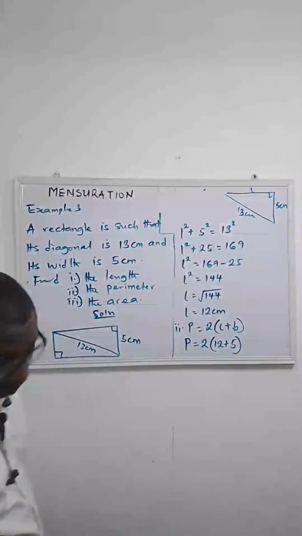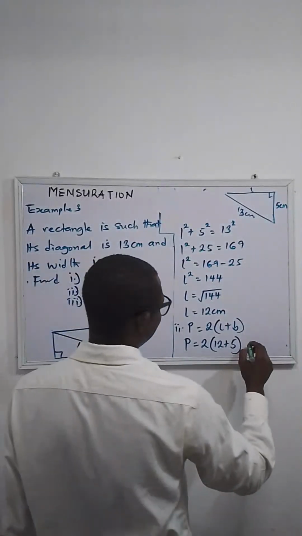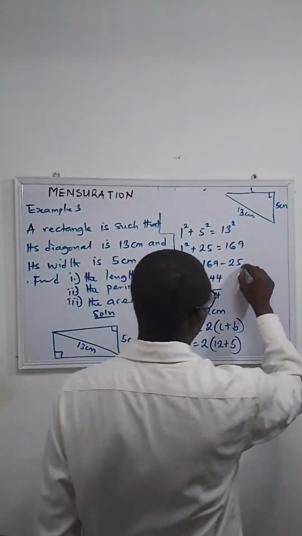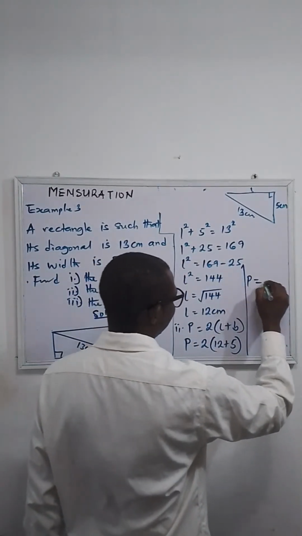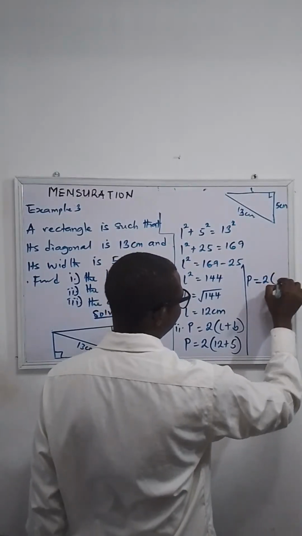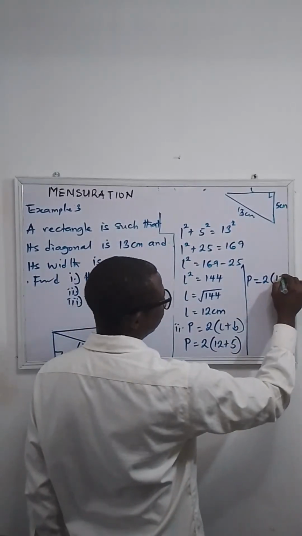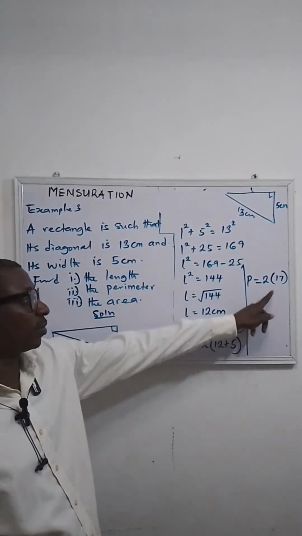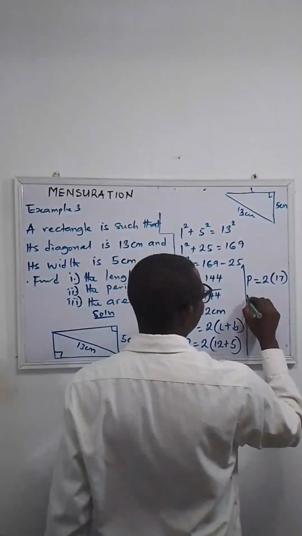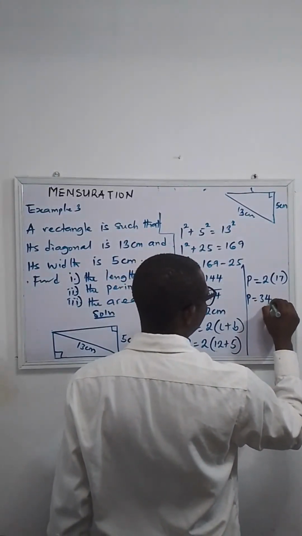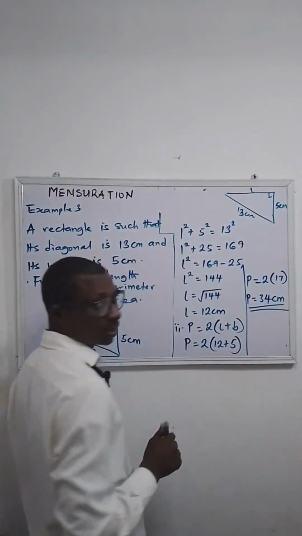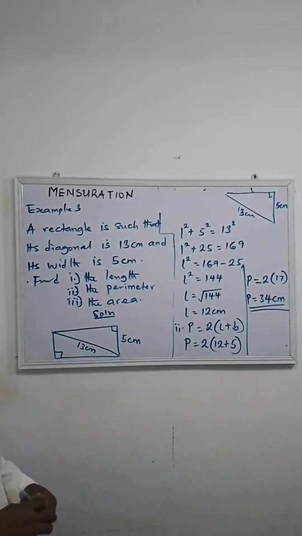So that is 2 times 17. When you add 12 and 5 together, you have 17. So the perimeter is 34 centimeter. That is going to be the perimeter of this rectangle.